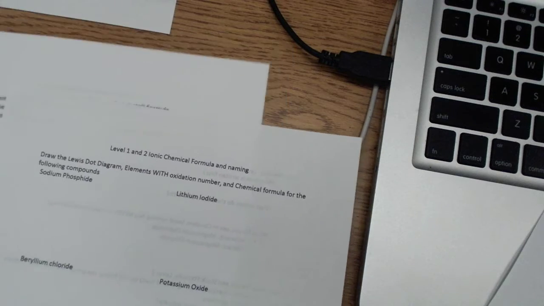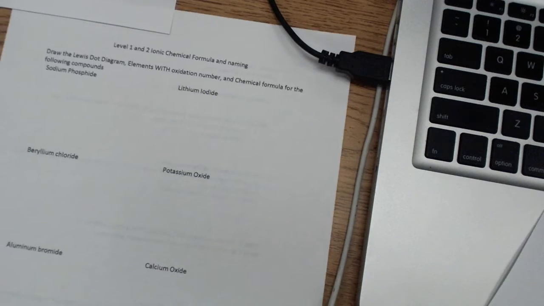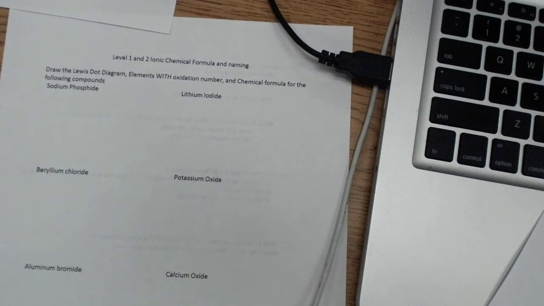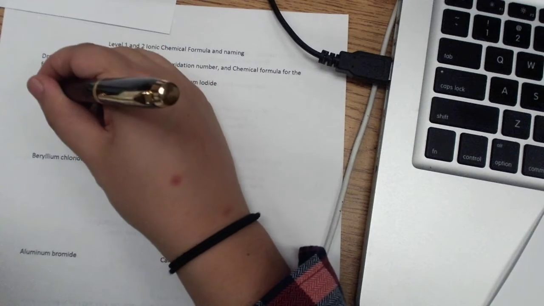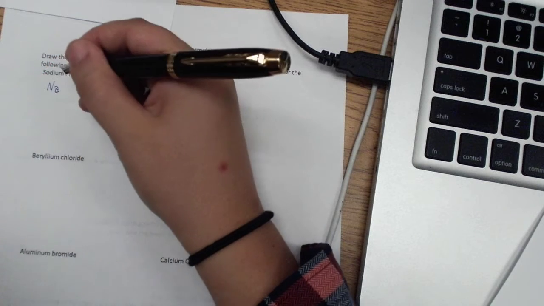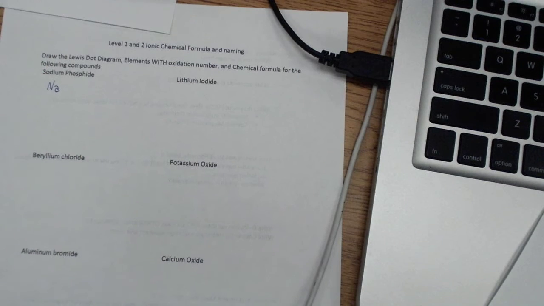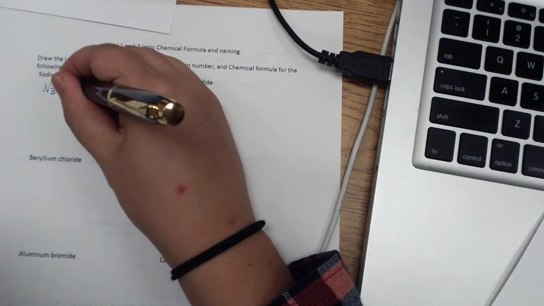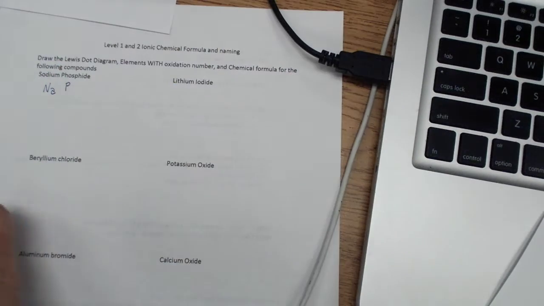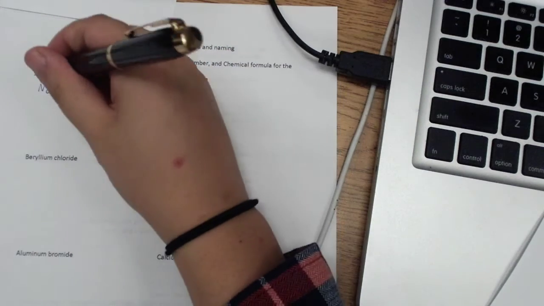Let's do it here. Okay. So for sodium phosphide, I'm going to have Na. Phosphorus is in group 15, right? So sodium is going to be a +1.